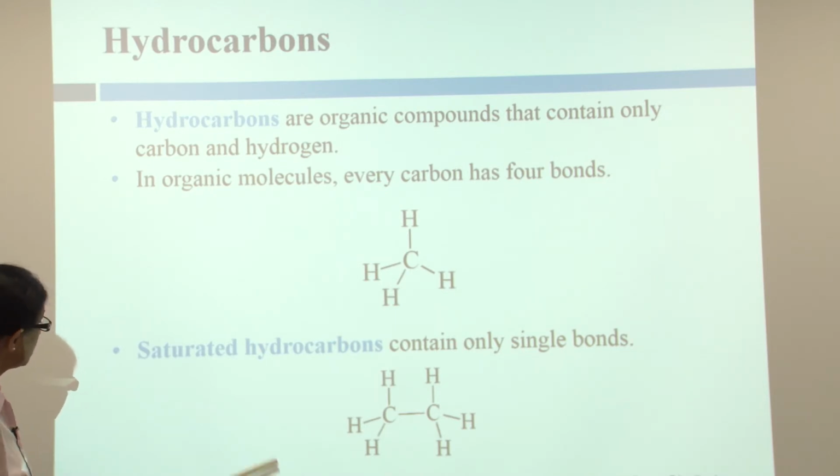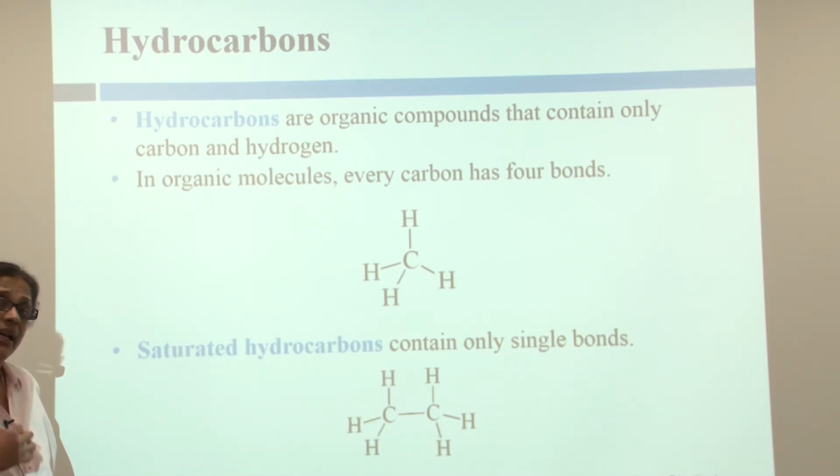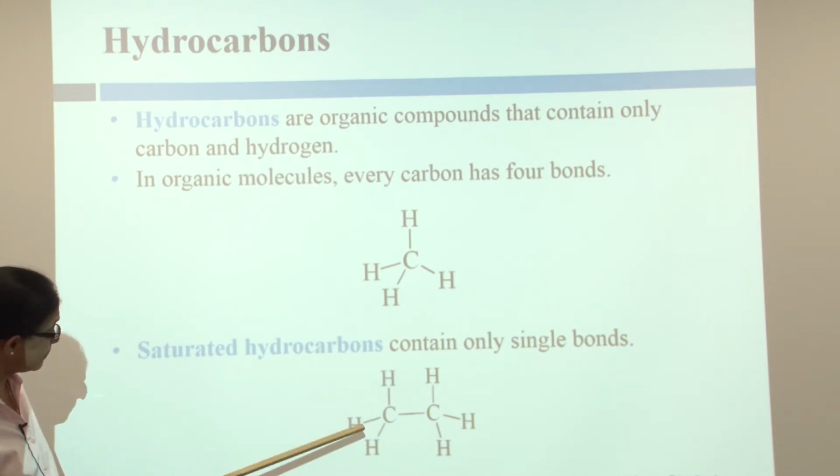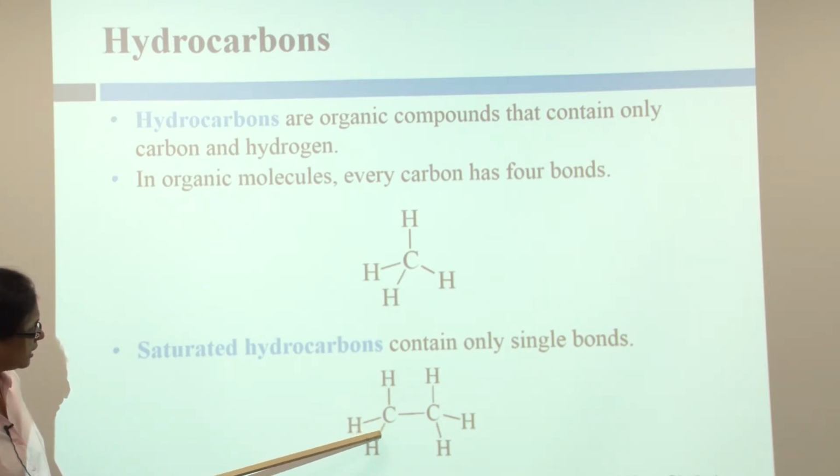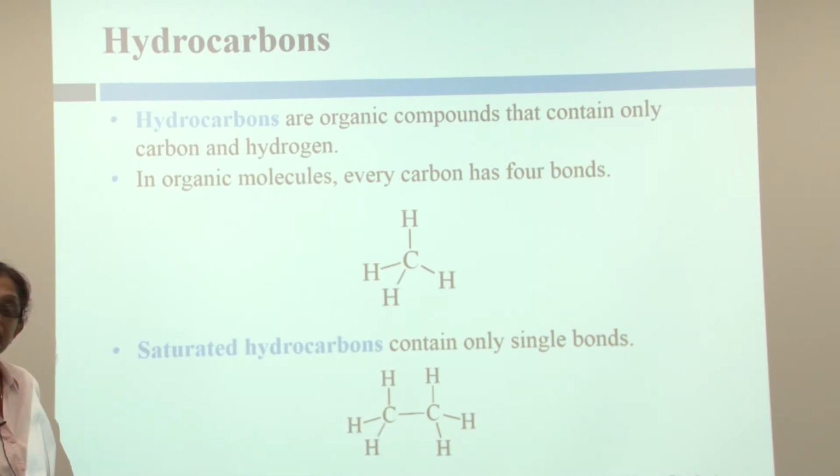Again, this is a new term, saturated. Saturated is when carbon has 4 bonds and all bonds are single bonds. Carbon will always have 4 bonds. When all 4 bonds are single bonds, each a single pair of electrons, they are called saturated hydrocarbons.